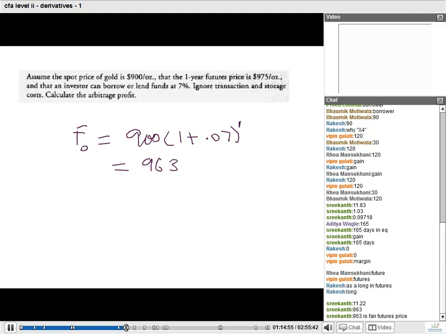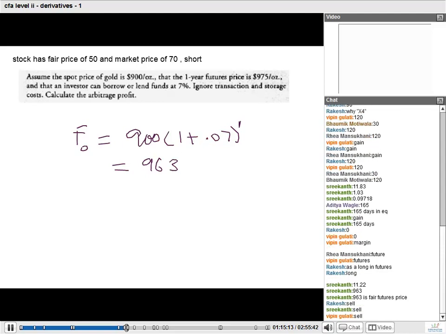So what will you do with the stock? So if a stock has a fair price of 50 and market price of 70, what will you do? Short the stock, sell it.